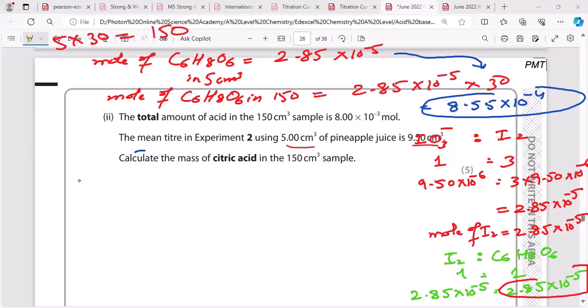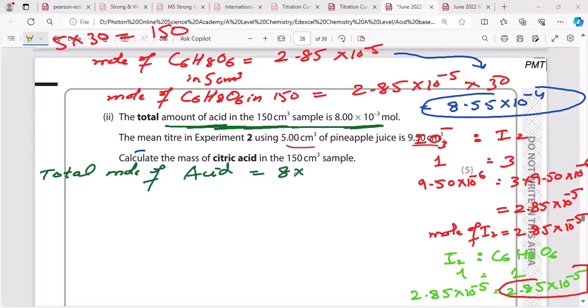Now total moles of acid, sorry, total moles of acid. Acid means ascorbic acid and citric acid. So I have to find now the moles of citric acid.